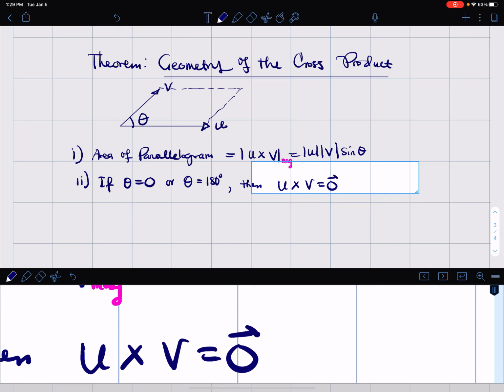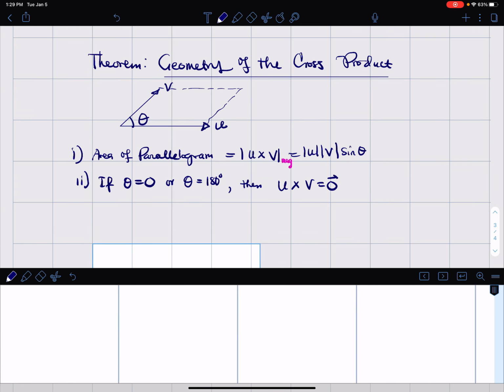Mind you, this is the 0 vector. Remember that when we have two orthogonal vectors, their dot product is 0. So two orthogonal vectors, dot product is 0. Two parallel vectors, cross product is a 0 vector.